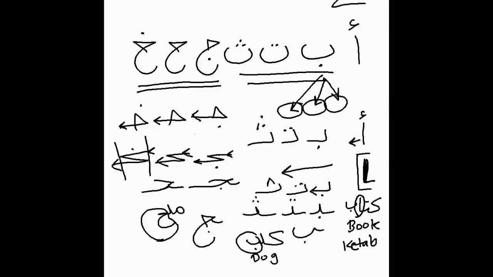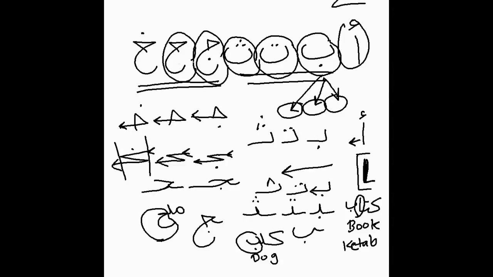Now in this first part we covered the first seven letters in the Arabic alphabet: alif, ba, ta, tha, jim, ha, kha.